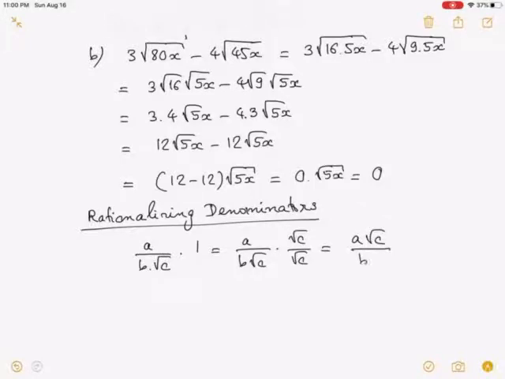Because square root of c times square root of c is c, so this is a square root of c divided by b c, and there is no square root. So multiply by square root of c divided by square root of c if necessary.